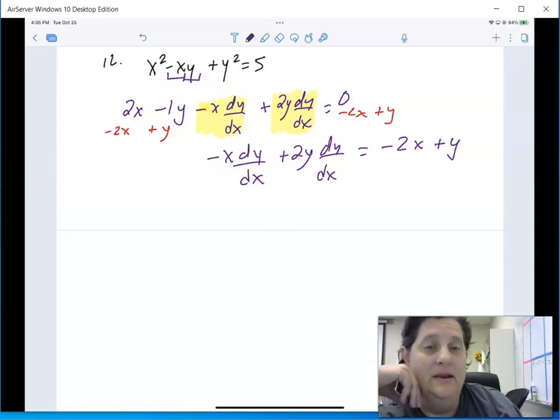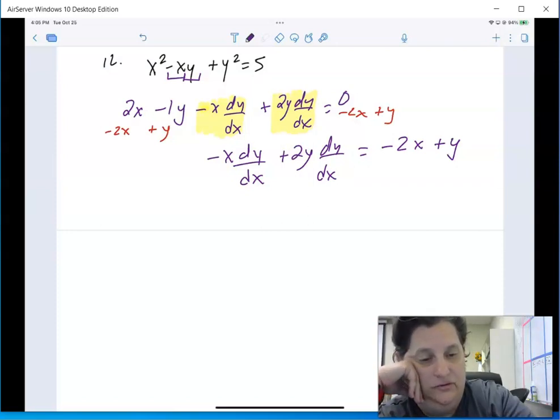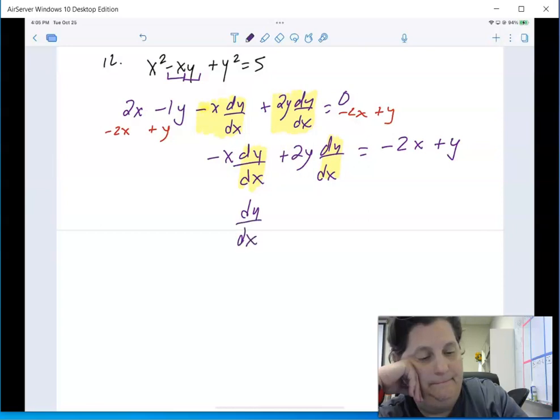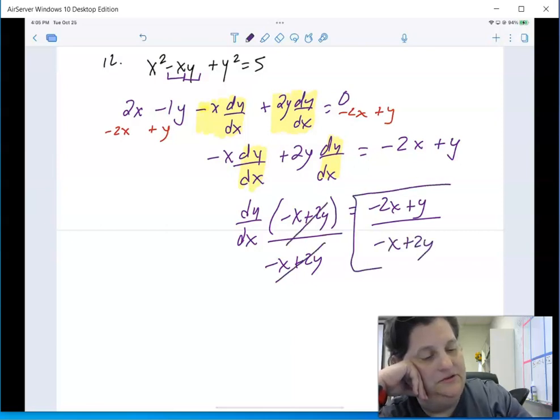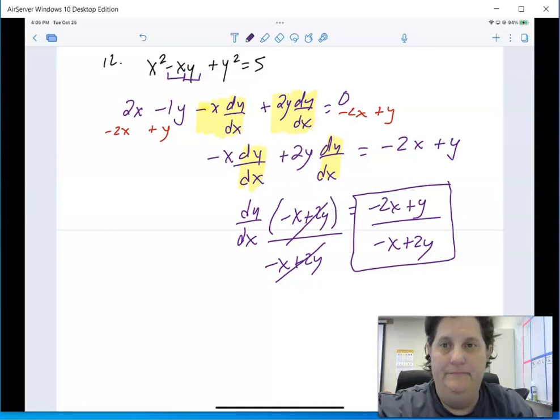Now I need to factor out a dy dx, and then I divide this over, all the way over, negative x plus 2y. And that is my answer for dy dx.